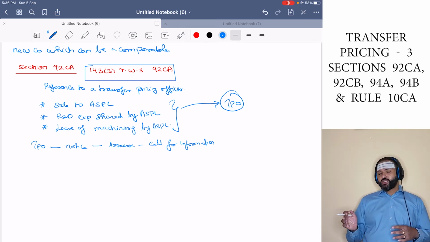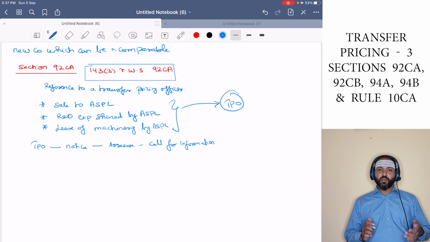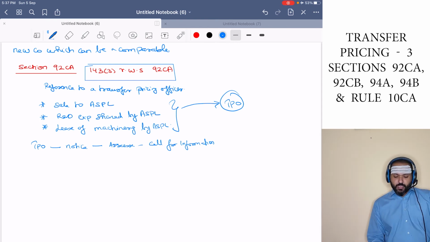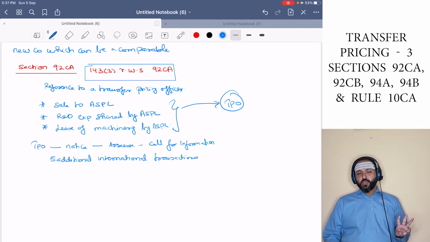So the TPO sends a notice, he calls for information, and the assessee submits all the information called for. Based on that, the TPO finds that there are 5 additional international transactions. What has the AO referred? The AO has referred only 3.